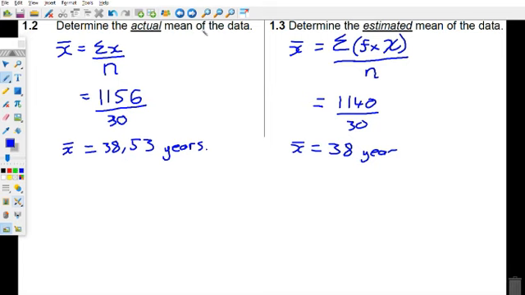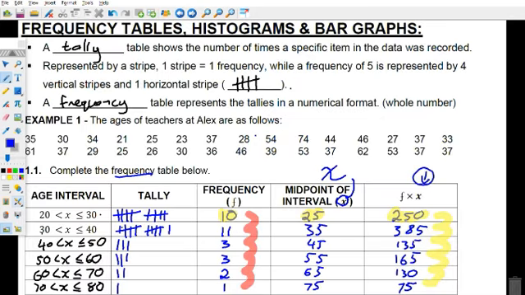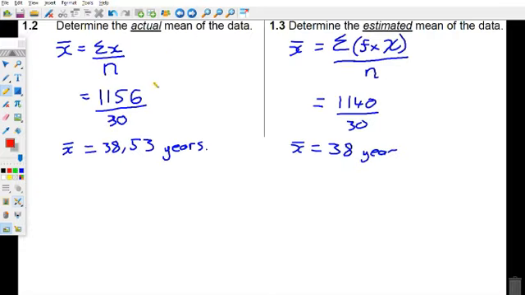Why is it different? It is different because we have taken our data and we've grouped them together. We don't have a true representation of the data points. We basically have the midpoint, the approximate of the data points. Still, have a look. 38.53 and 38, that's very close to one another.